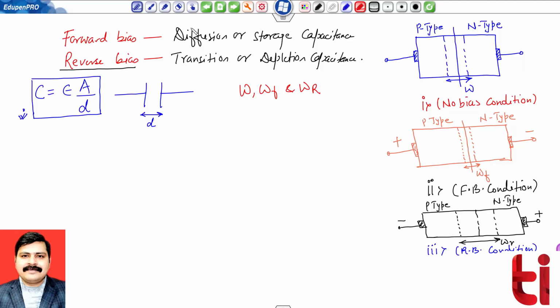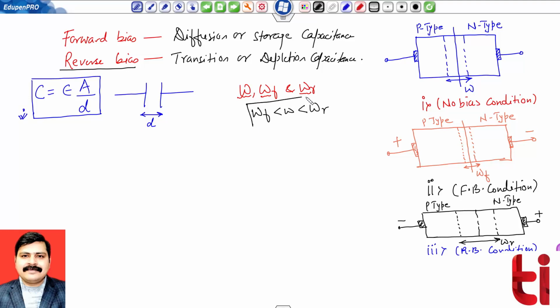So omega represents the width of the depletion region for the no bias case, omega f represents the width of the depletion region for the forward bias case, and omega r represents the depletion region for the reverse bias case. You must be clear with the fundamental term we have already covered, that omega f is less than omega, and omega is less than omega r.